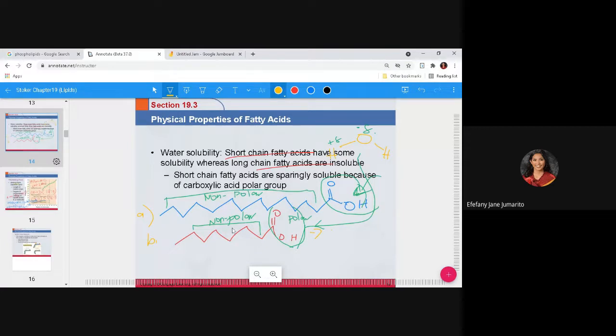Non-polar is not soluble in water because water is a polar molecule, so it will only dissolve polar substances. This part is non-polar, so it is insoluble, meaning not soluble with water.